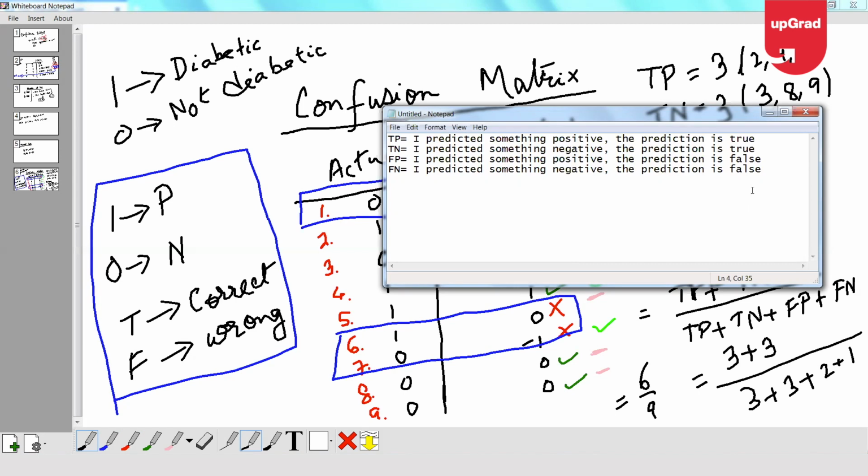All right. Now later we'll see how this can get connected with hypothesis testing.